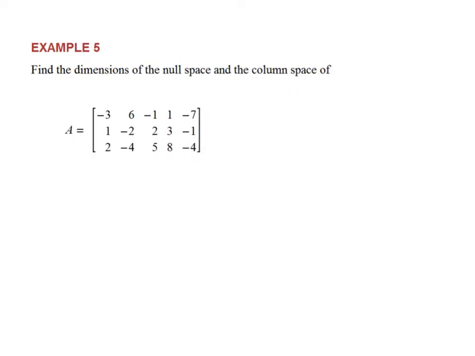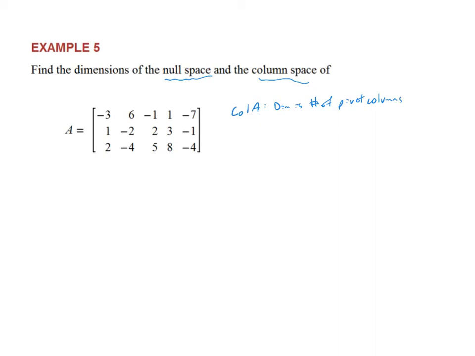And now we get to our final example of this section, where we need to find the dimensions of the null space and the column space of this matrix A here. And just to briefly put it up here, the column space of A, its dimension is the number of pivot columns.